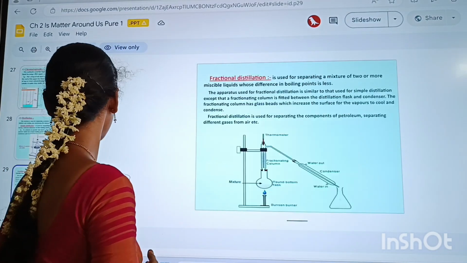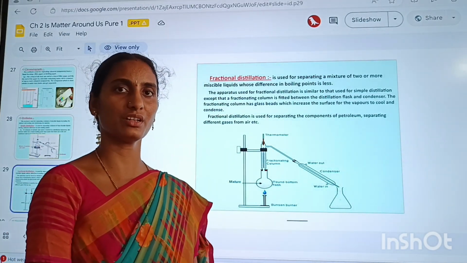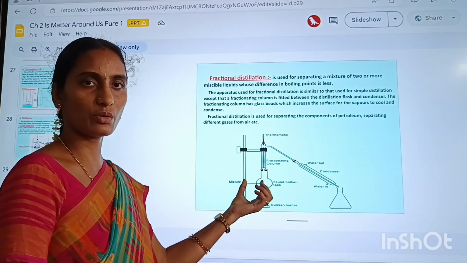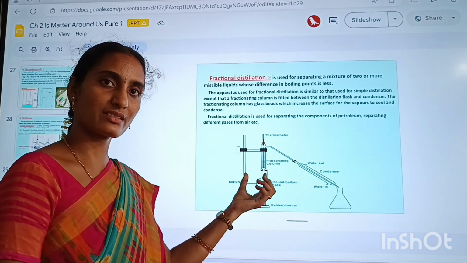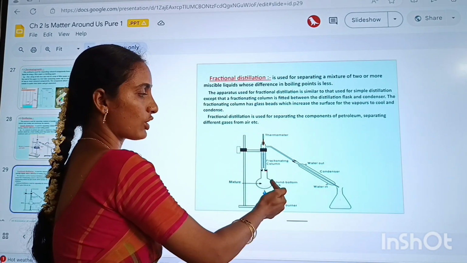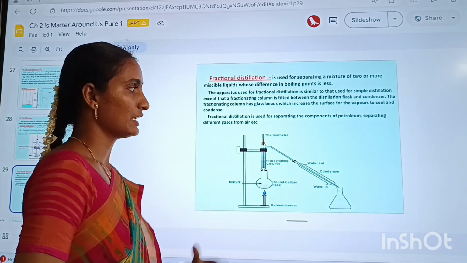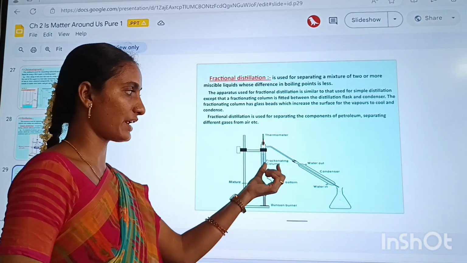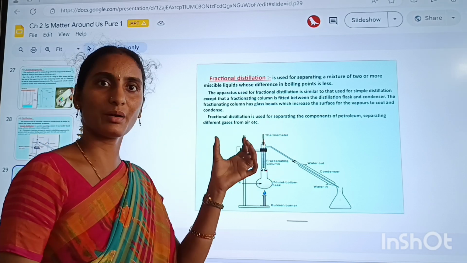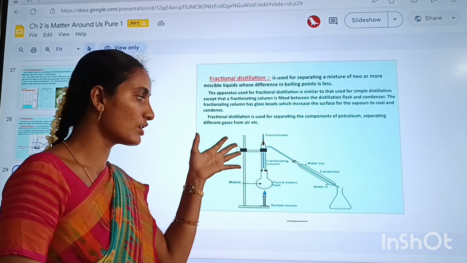Next is fractional distillation. What is fractional distillation? In fractional distillation we take a round bottom flask, whereas in simple distillation we took a boiling flask. Here the round bottom flask is attached to a fractionating column. Above the fractionating column we arrange the thermometer, because the thermometer indicates how many degrees Celsius we are keeping the solution at.